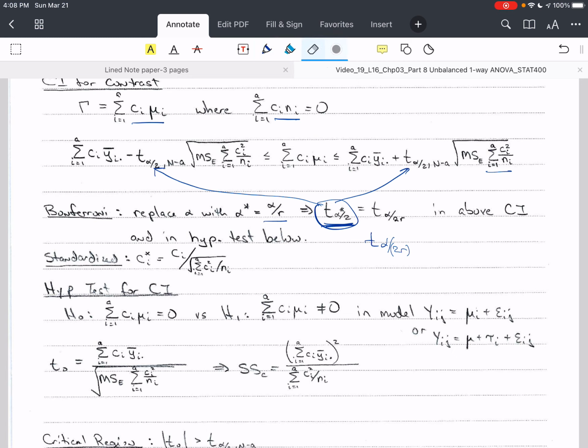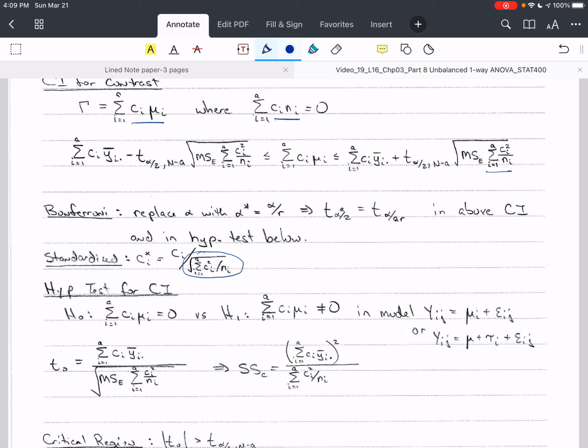Now, we also previously talked about the case of standardized contrast, where we divide by, remember that the sum of the c sub i's was equal to 0, so the mean is 0. Now, if we want to standardize them, we need to divide by their standard deviation. So what we do is we divide by the square root of the sum of c sub i squared over n sub i.